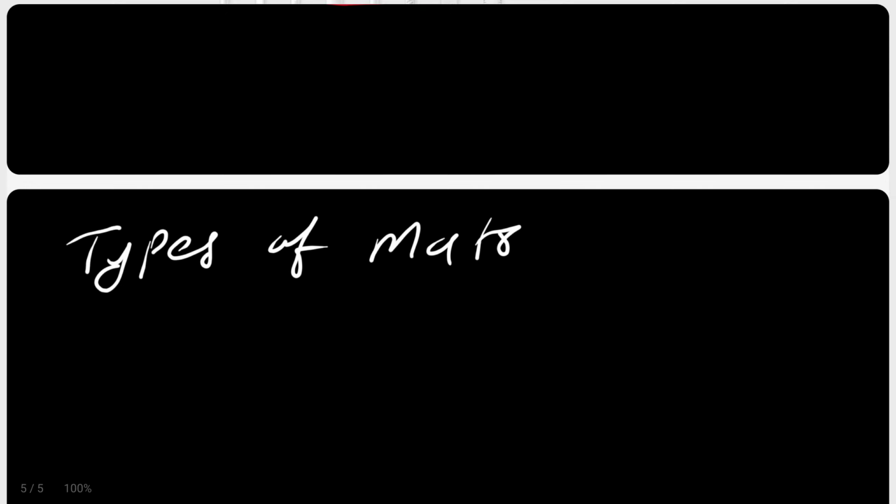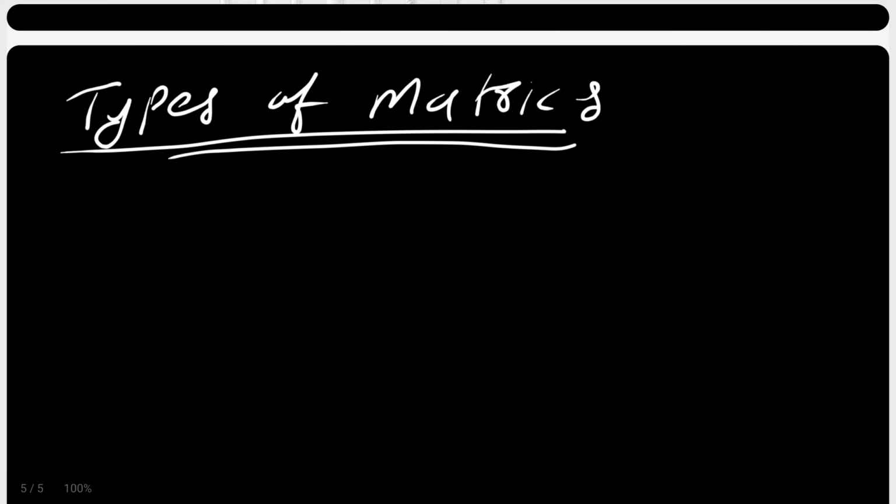Right now I'm going to introduce the types of matrices. Actually in this one we already learned 2 types, that is the row matrix and the column matrix.